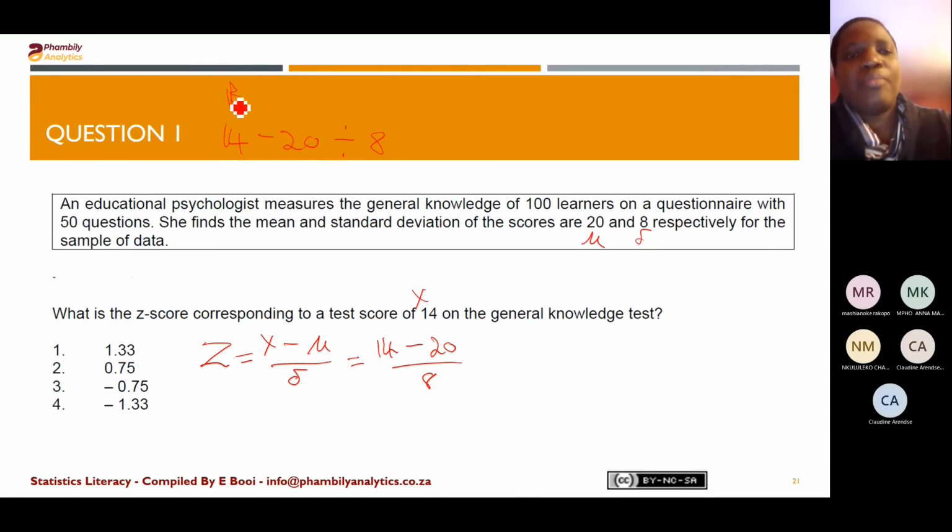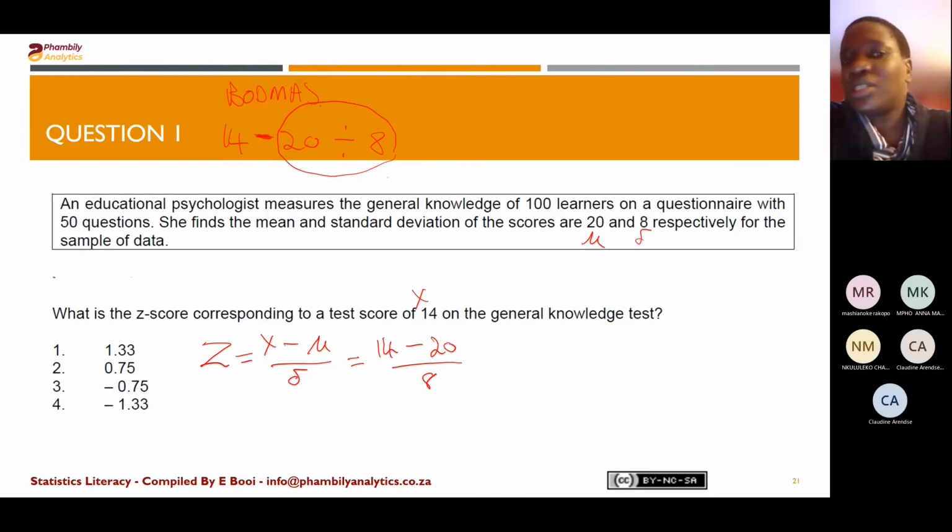apply what we call the BODMAS rule. And the BODMAS rule says brackets, of, division, multiplication, addition, and subtraction. It means division and multiplication have priority over addition and subtraction, because your equation would be 14 minus 20 divided by 8 that you put on your calculator. What it will do, it will first resolve this.